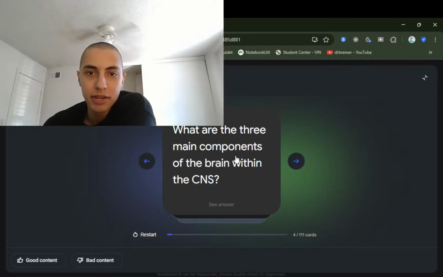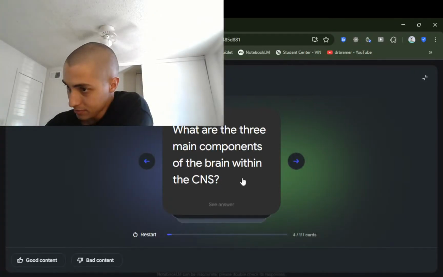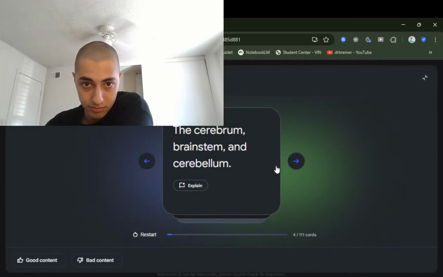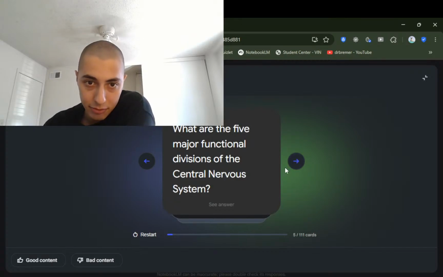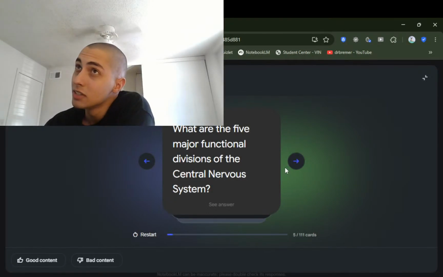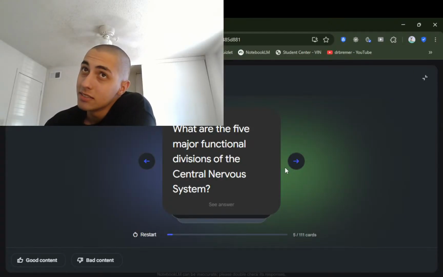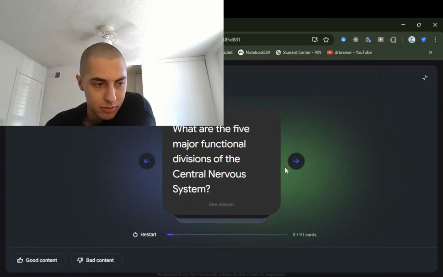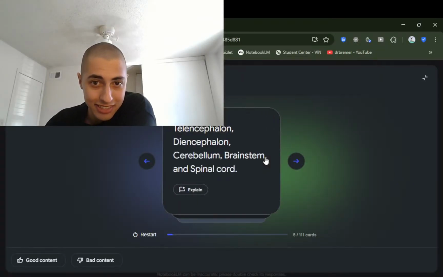What are the three main components of the brain within the central nervous system? We've got the cerebrum, cerebellum, and the brain stem. What are the five major functional divisions of the central nervous system? Telencephalon, diencephalon, meninges, and that's all I can think of.